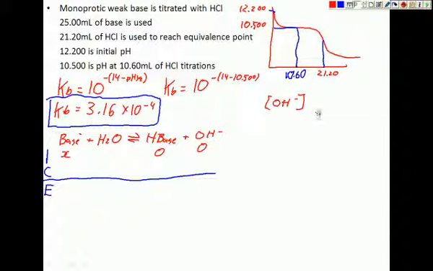Okay? And our OH is going to equal 10 to the minus 14 minus pH initial. Or in other words, OH is going to equal 10 to the minus 14, and then pH initial is 12.2.